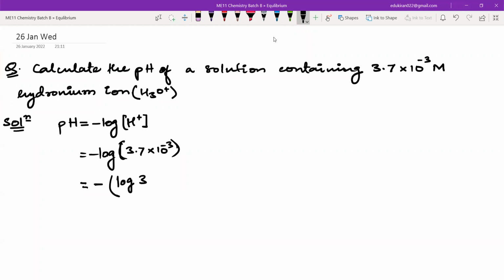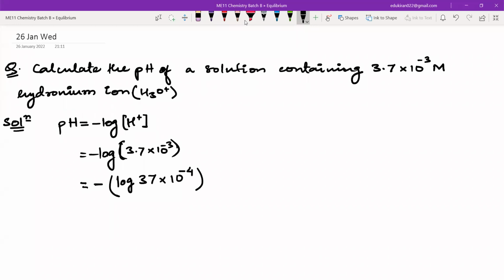Now I don't know the log of 3.7. I only know from log 1 to 10. Yes or no? Yes, sir. Okay. So what we have to do is not write in decimal form. We will write this as a whole number 37, and then this becomes 10 to the power minus 4. This is the manipulation that you have to do because we don't know the log of 3.7.